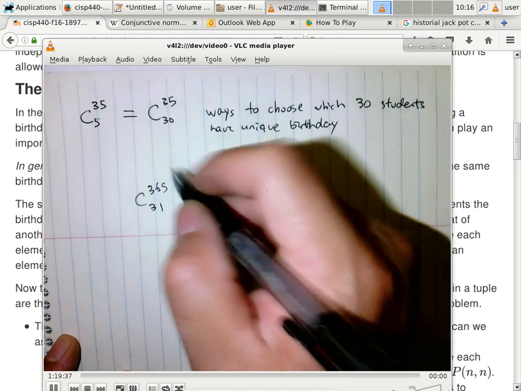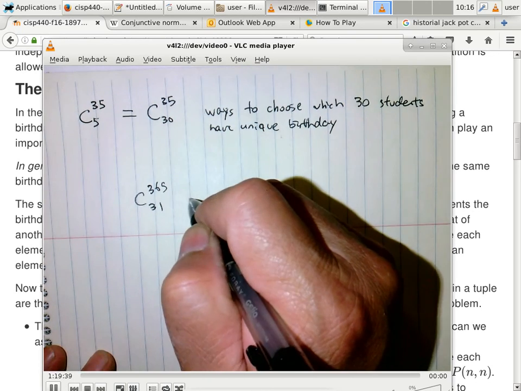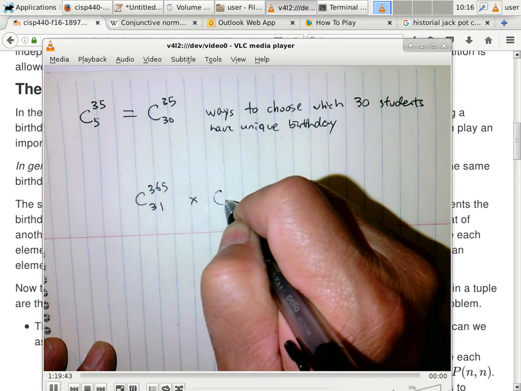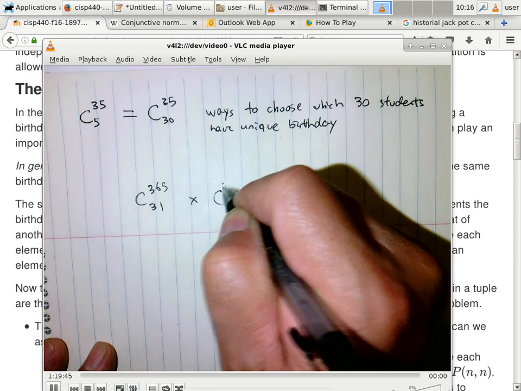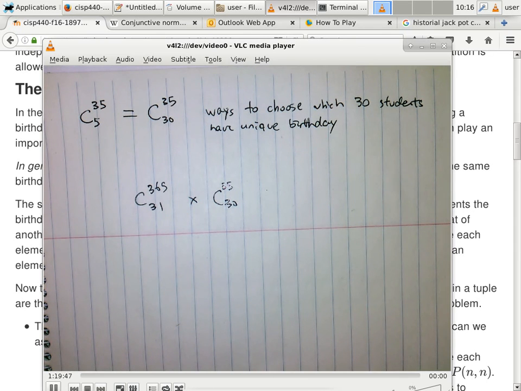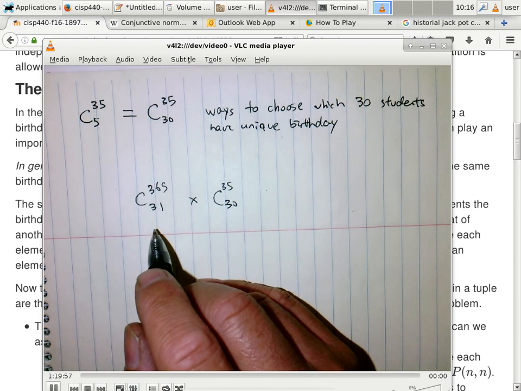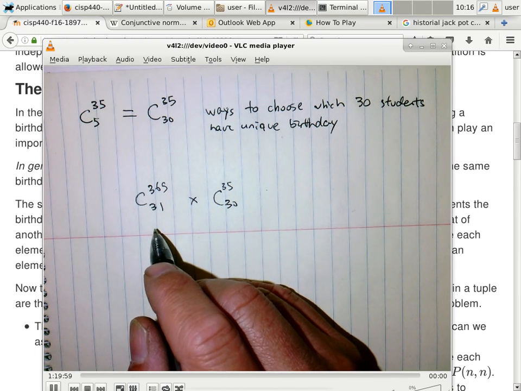When we choose one of these, we can now assign these birthdays. There are this many ways to assign these 31 birthdays to 35 people. Is that okay? Yeah.